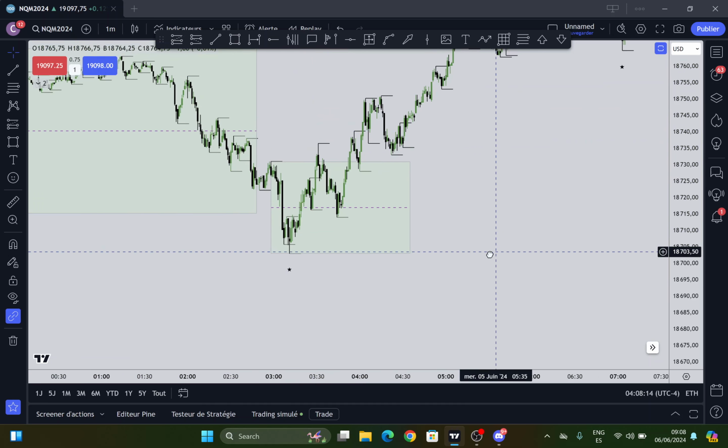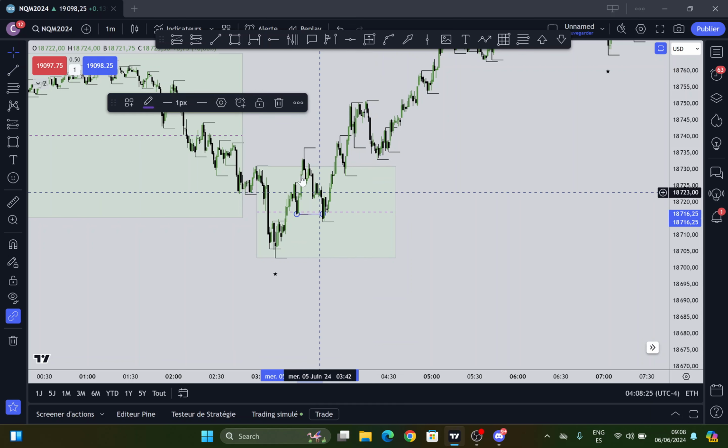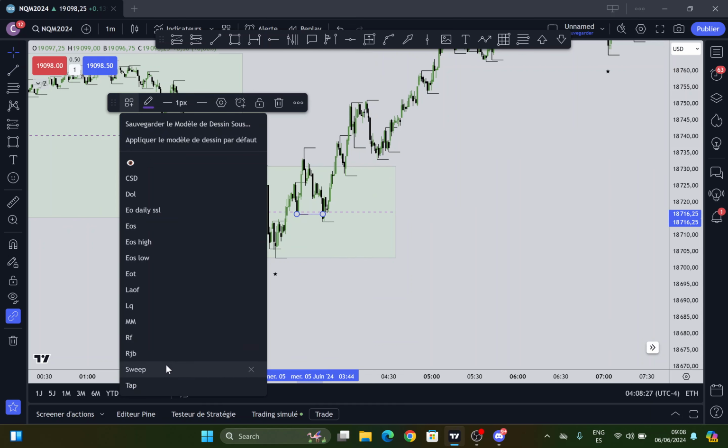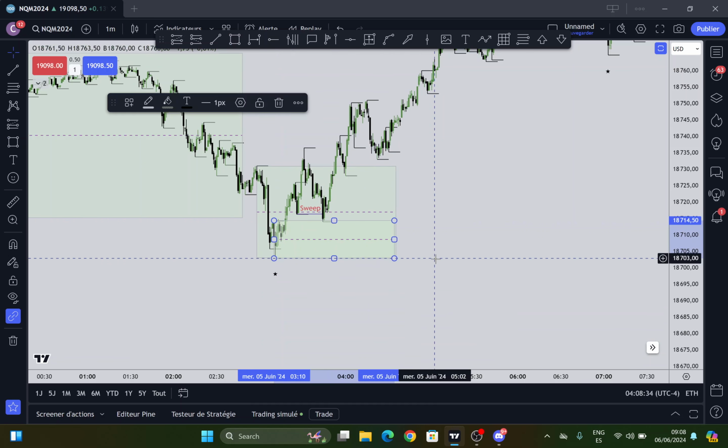We had this flip and this inducement. We had this sweep, and we had this OB range. It's an accumulation, but it's also an OB range.